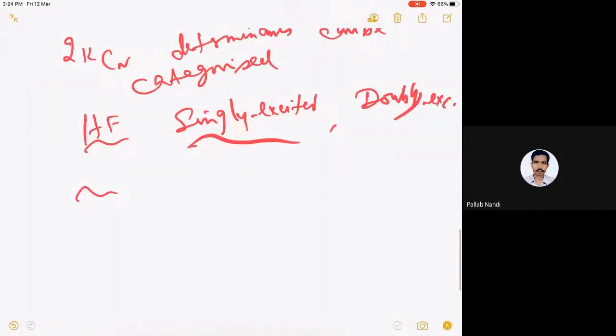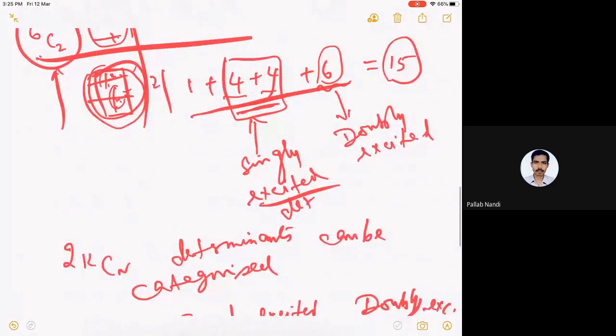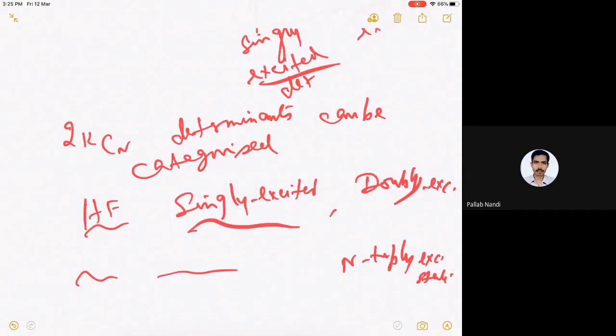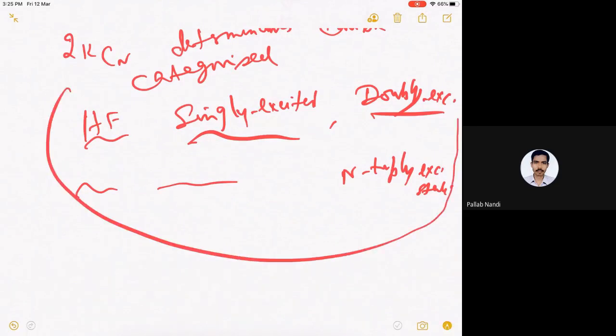Triply excited, quadruply excited, till I reach n-tuply excited. Correct? These are all determinants. They are not excited states. I am again repeating. So I can have one electron excited from one occupied to one virtual, 2 electrons, 3 electrons, n electrons. If I sum all of these numbers, this number has to be 2kCn.